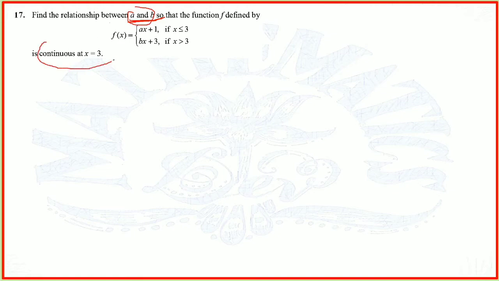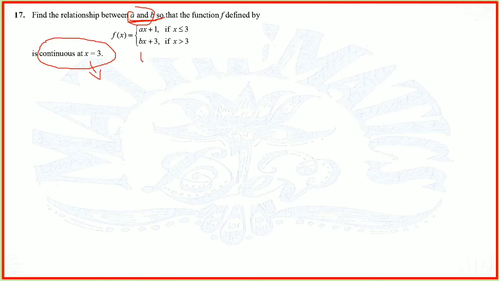What we used to do previously was take the left hand limit and then the right hand limit, prove that both the limits are equal, and then f of a and the limit as x tends to a, all these values must be identical. But in this question that part is already done, it is already given that the function is continuous at x equal to 3.